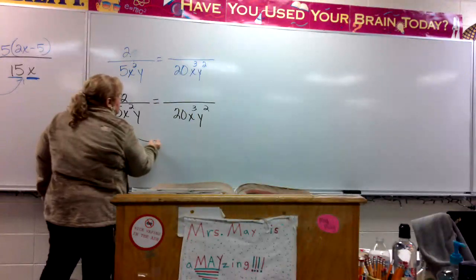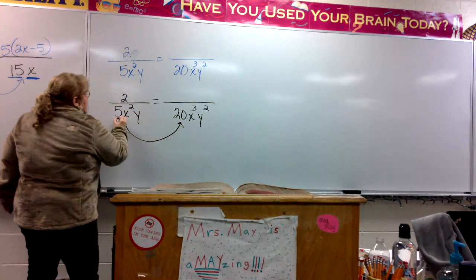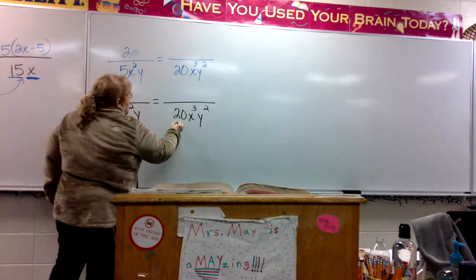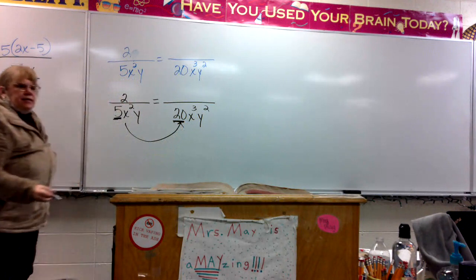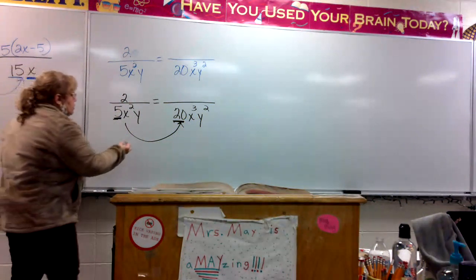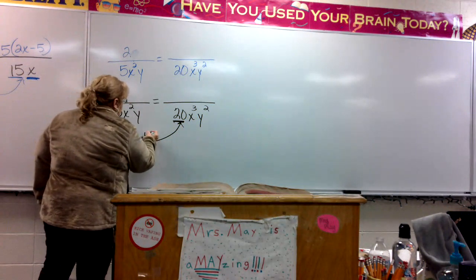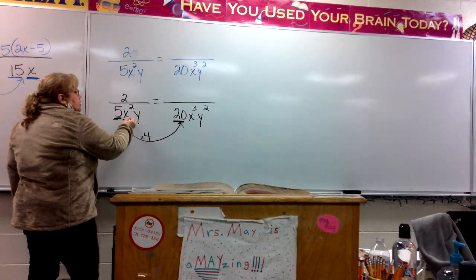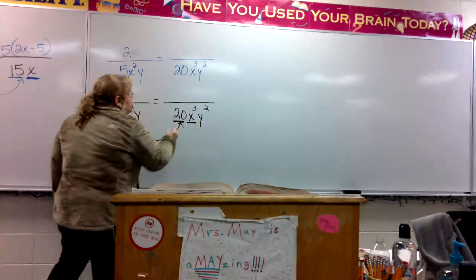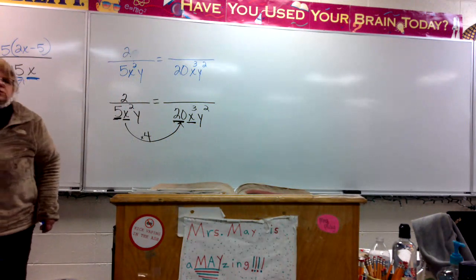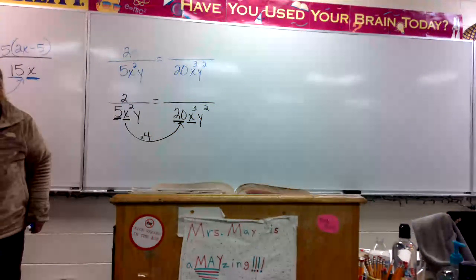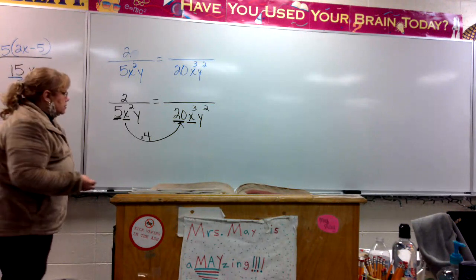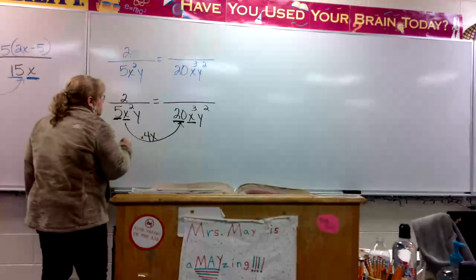So what are you multiplying by? 5 times what is 20? 4. So I need to multiply times 4. What else? I have x squared, but I need x to the third. Do I need to multiply by any x's? How many? 1.